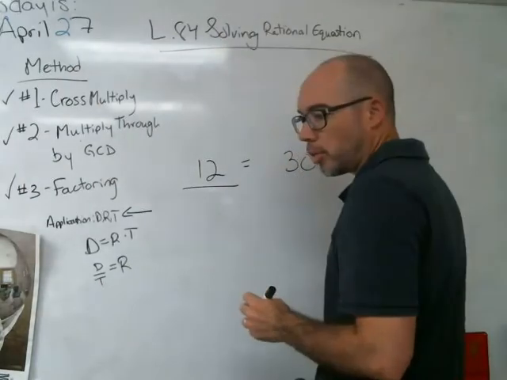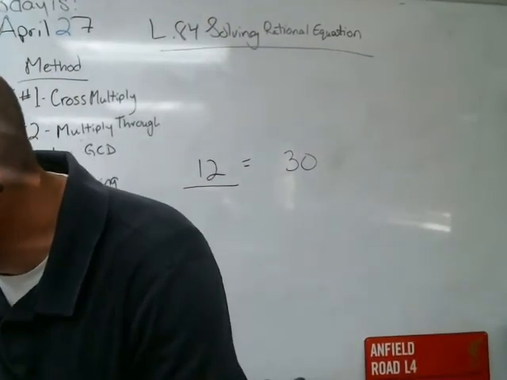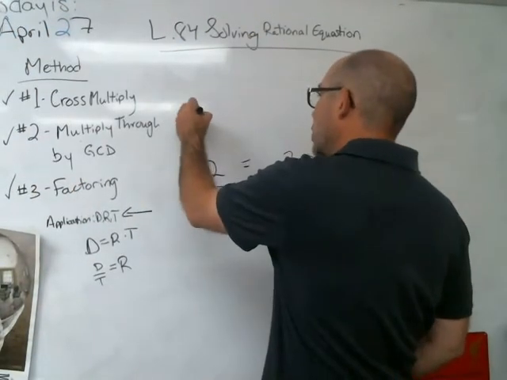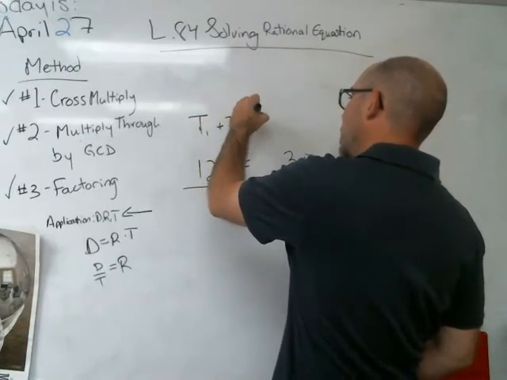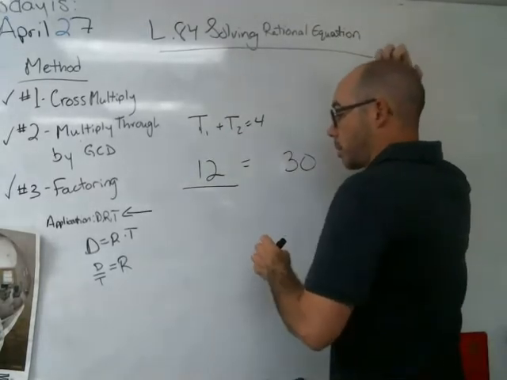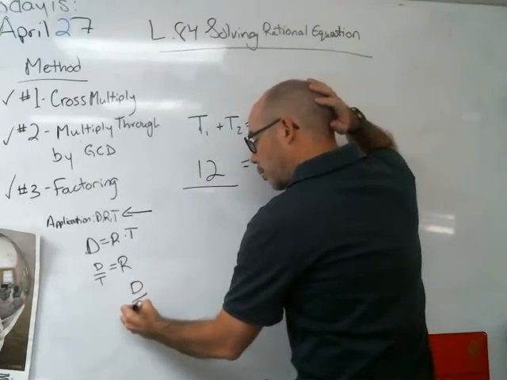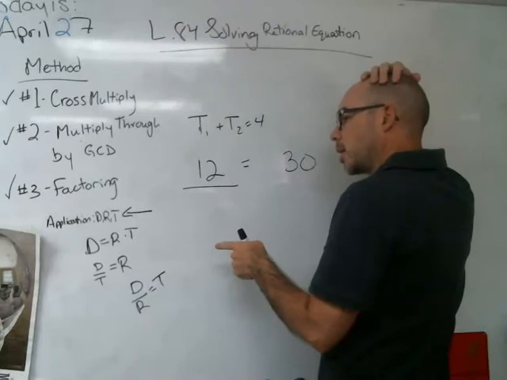And so the rates, one day was twice the rate of the other. The total time spent working out was 4 hours. Time on one day plus time on the other day equals 4. So, let's do it like this too. Distance over rate equals time. That's probably what I need to think of here.